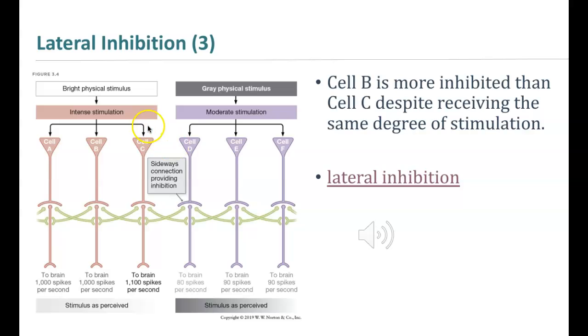So because of that greater inhibition on this cell, this guy is going to look a little bit darker. So that's just how the edges end up looking, just really, really enhanced. And that's lateral inhibition.